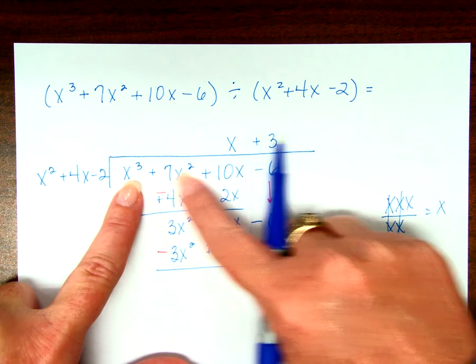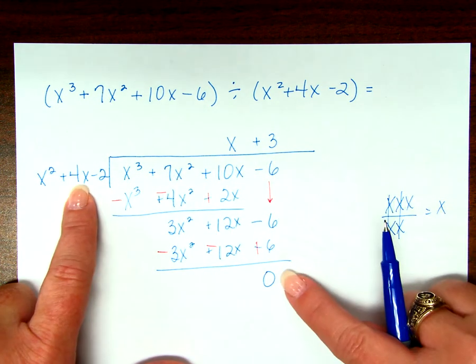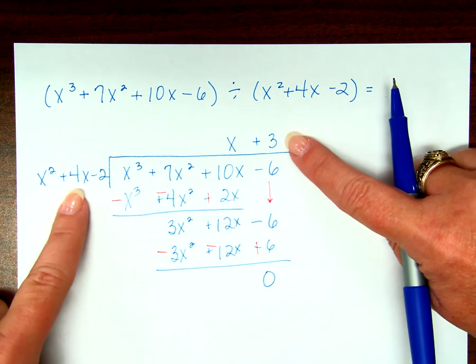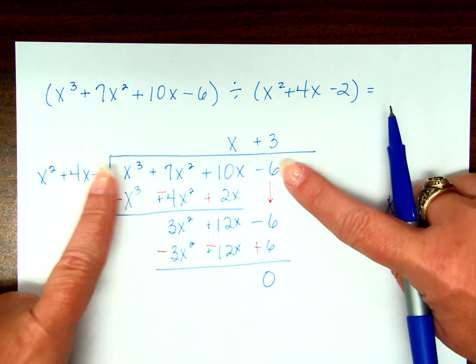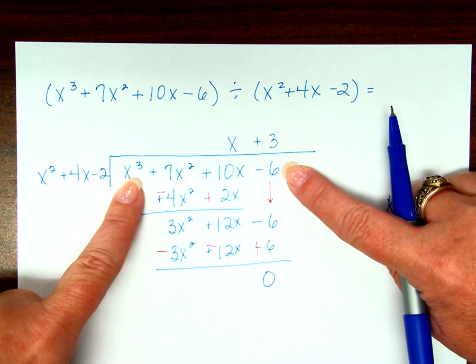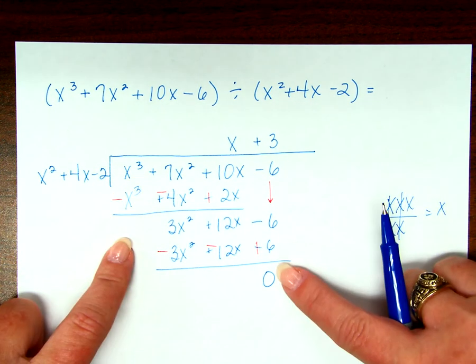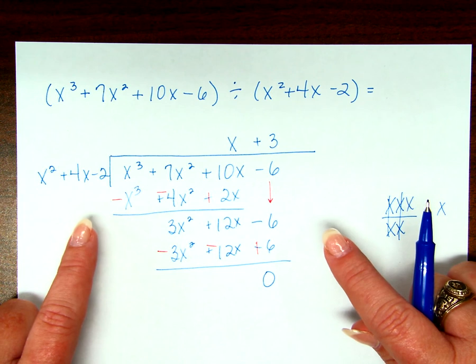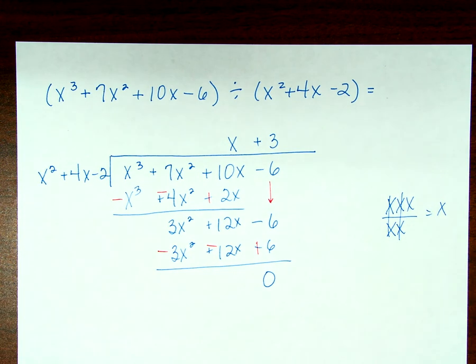Take a polynomial, divide it by something, and get a remainder of 0. Both of these two polynomials are factors of the original polynomial. That's only true when the remainder is 0. You got it? Any questions about this problem?